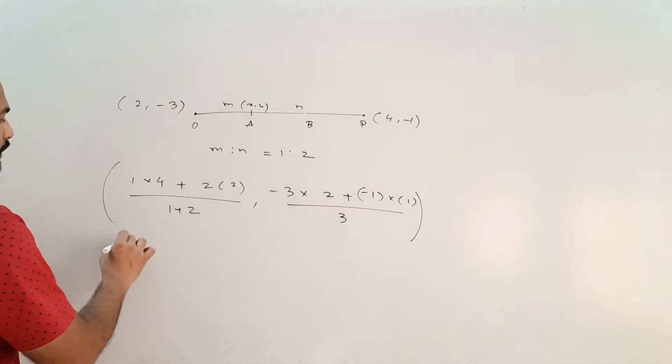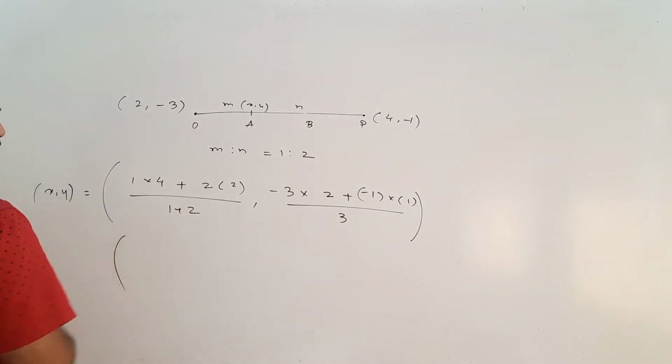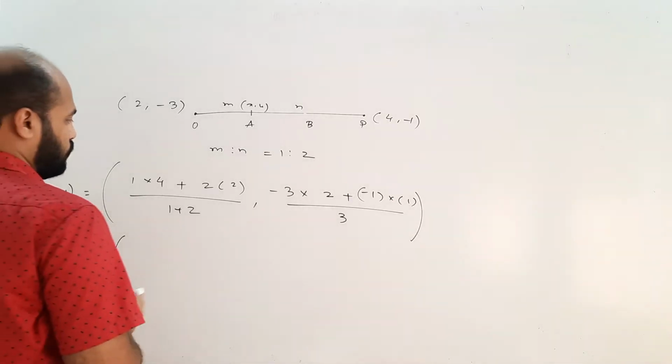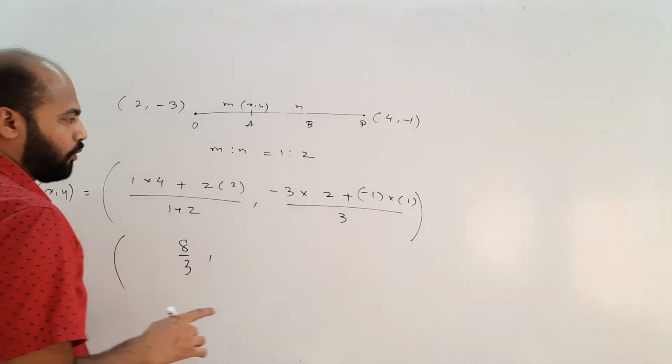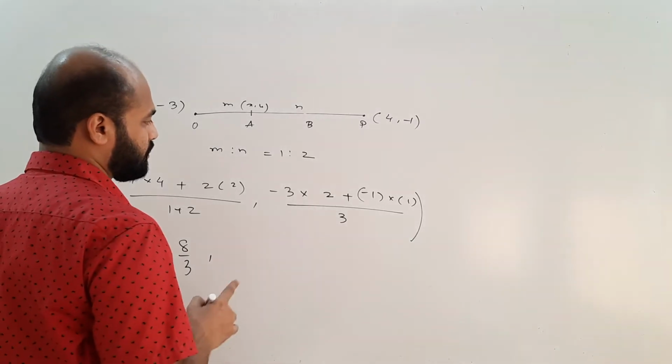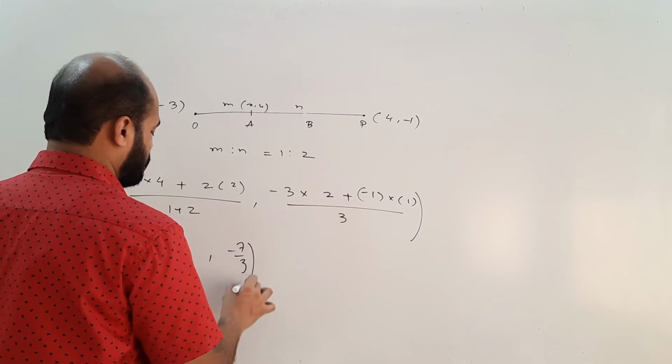So this is x, y, and we would achieve it as 4 plus 4, 8, 8 by 3. So 8 by 3 is one point. The other point is -1 minus 6, that's -7 by 3. So this is one point.